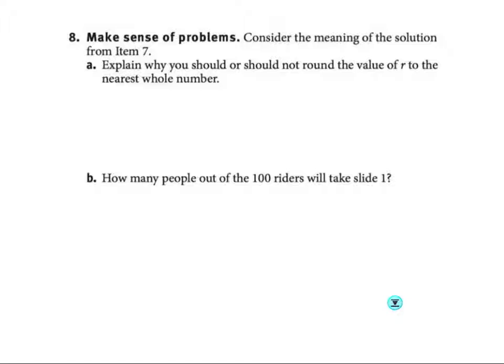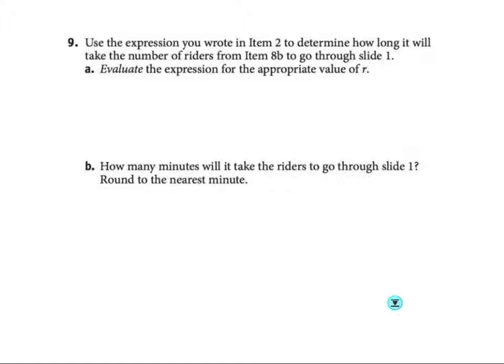Read number 8. Consider the meaning of the solution from item 7. Explain why you should or should not round the value of r to the nearest whole number. How many people out of the 100 writers will take slide 1? Read number 9 as well. Use the expression you wrote in item 2 to determine how long it will take the number of writers from item 8b to go through slide 1. Evaluate the expression for the appropriate value of r.